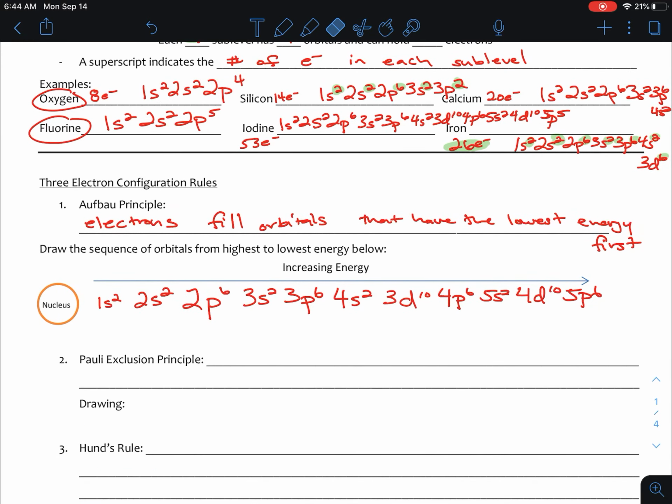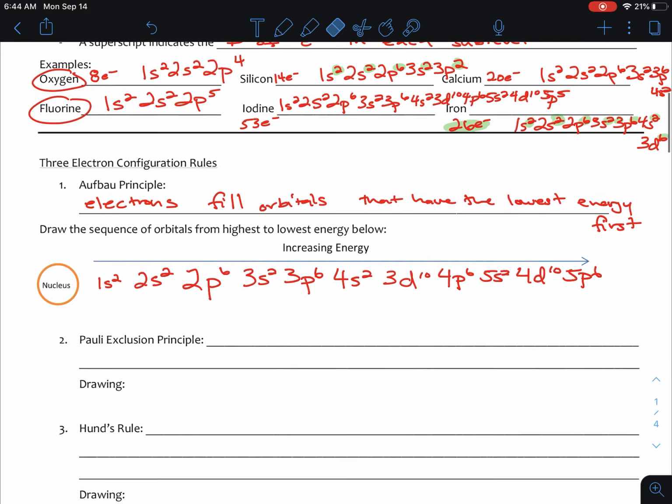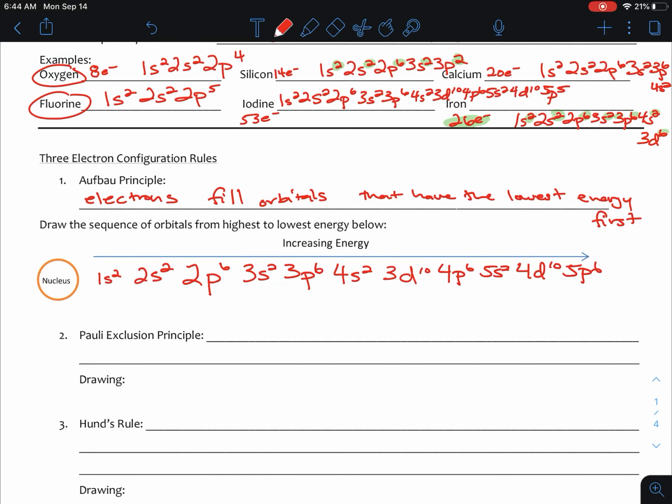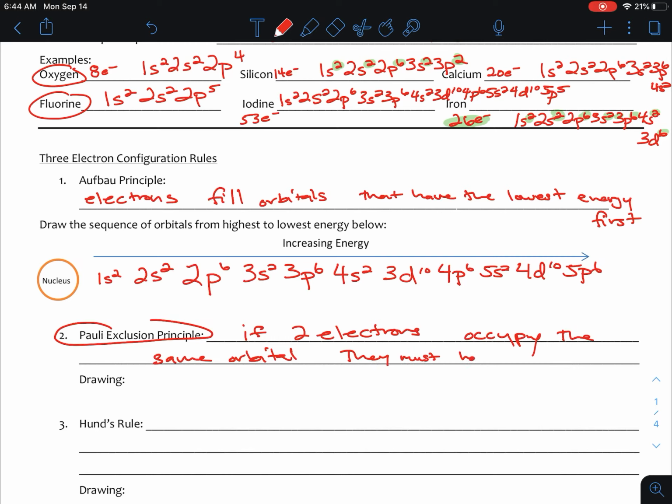All right. So continuing on, I have two more rules determining how you put electrons into the orbitals. This other one is the Pauli exclusion principle. So in essence, if two electrons occupy the same orbital, they must have opposite spins.